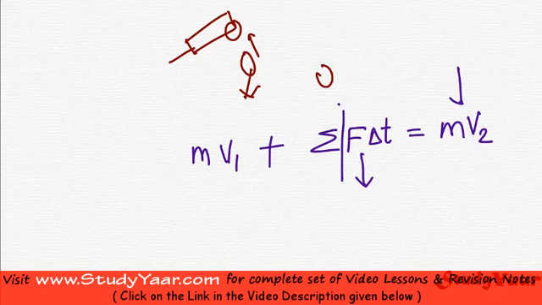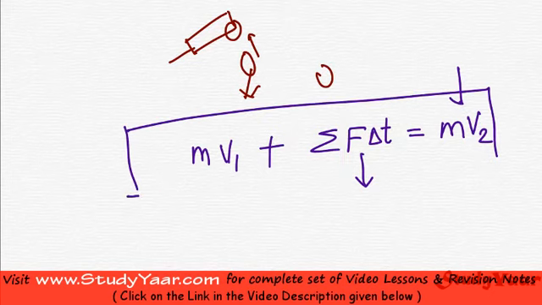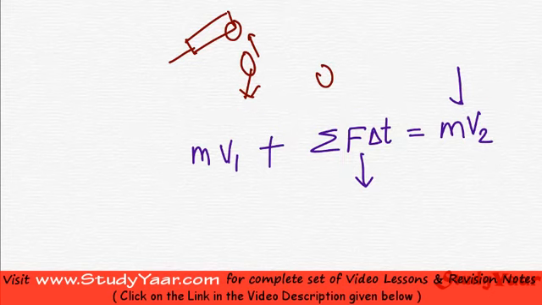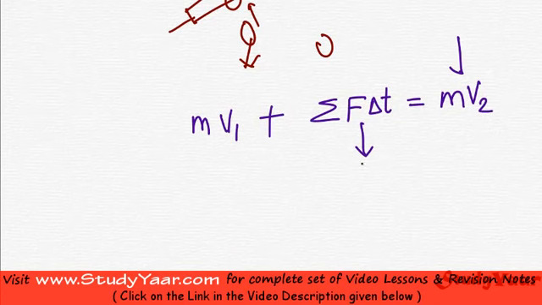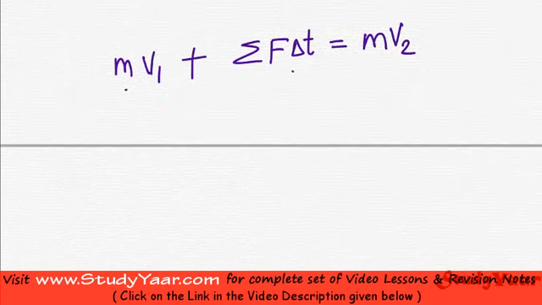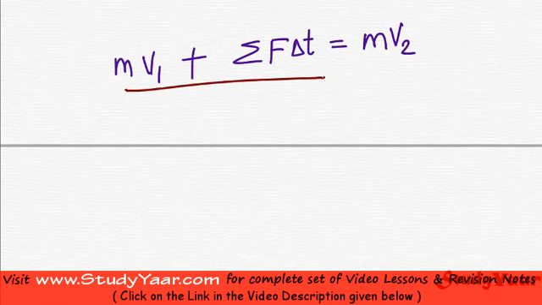We are generally looking only for impulsive forces when we are applying this particular equation, because the impulse due to other forces is negligible. Just realize that this is not a new equation, this is not something that you would have to memorize.